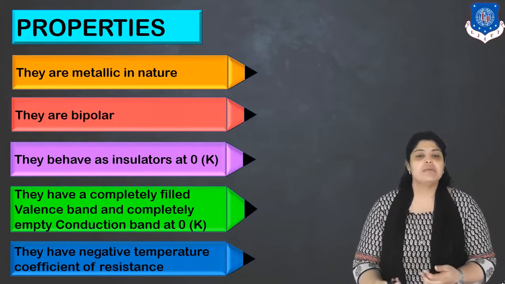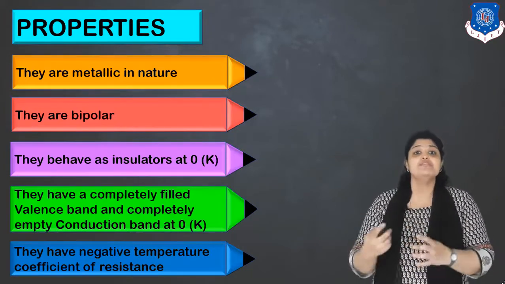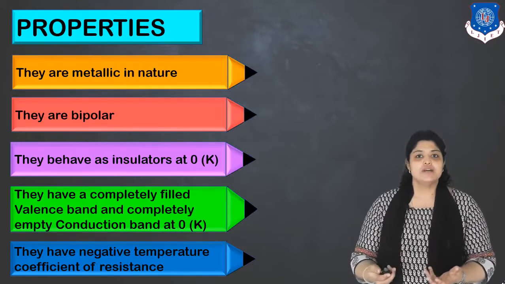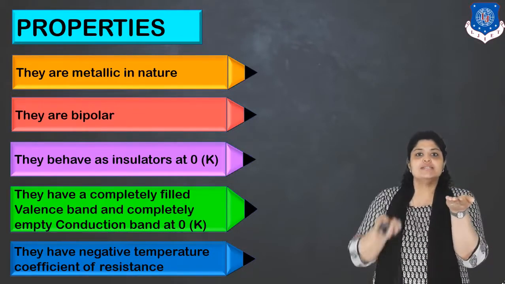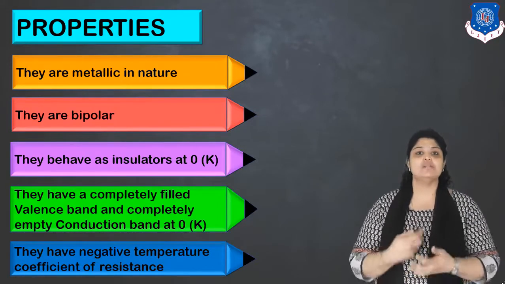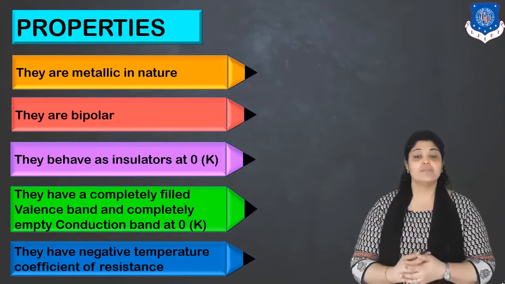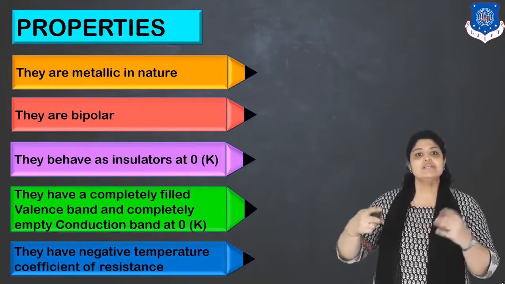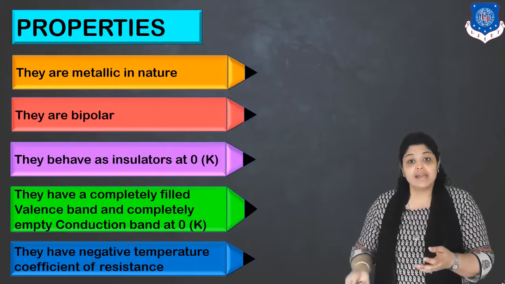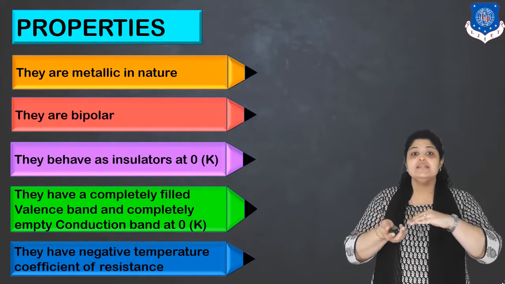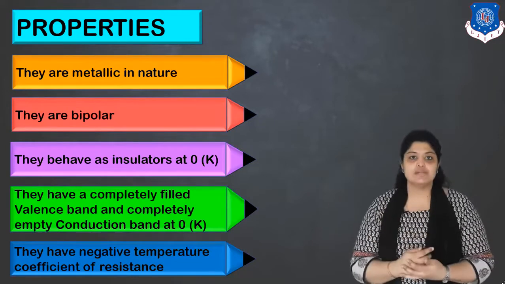Moving on to the last property of semiconductors, it is said that semiconductors have a negative temperature coefficient of resistance. What do you mean by negative temperature coefficient of resistance? Generally what we observe is that if temperature increases, resistance is going to increase. But semiconductors are exceptional materials. Why? Because increasing temperature means giving energy. If you are applying energy to a semiconductor, the electrons which are present in the valence band will move to the conduction band.